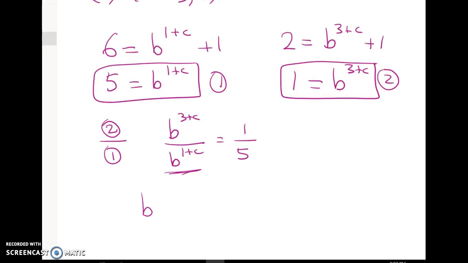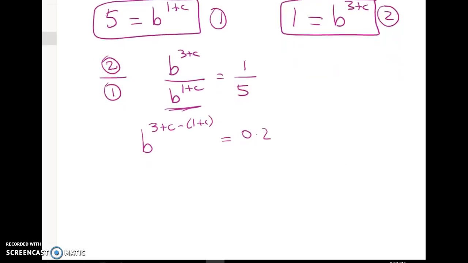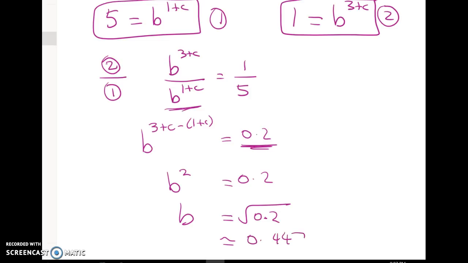And I've got b to the power of 3 plus c minus 1 plus c is equal to 0.2. Right, I'm using decimal because it's not recurring. Here I've got b squared is equal to 0.2. So b is equal to root 0.2, which is roughly 0.447.